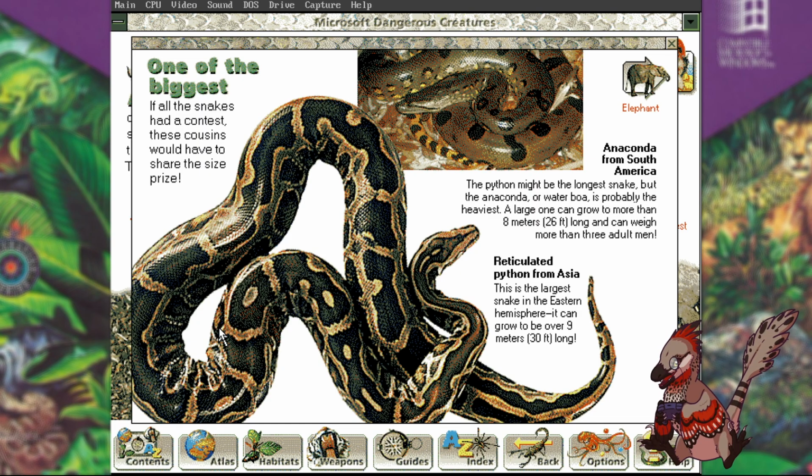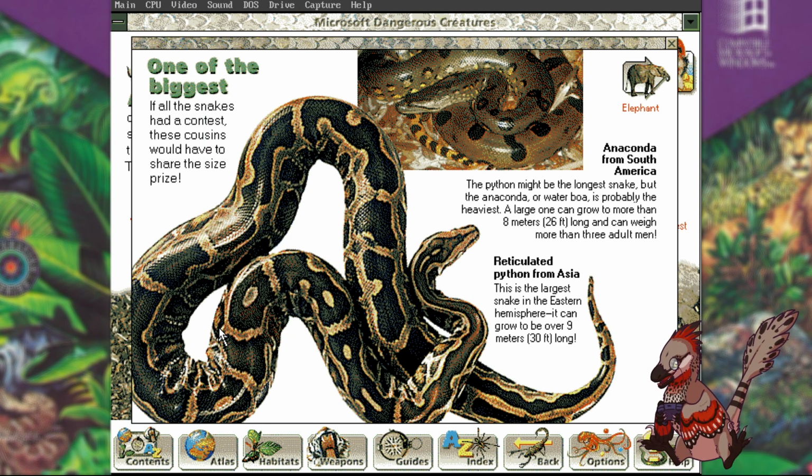The python might be the longest snake, but the anaconda, or water boa, is probably the heaviest. A large one can grow to more than 8 meters long and can weigh more than 3 adult men. Oh my goodness. That's a heavy boy.